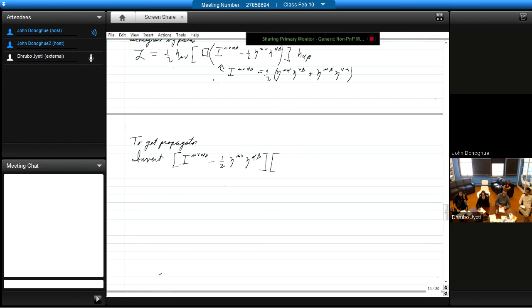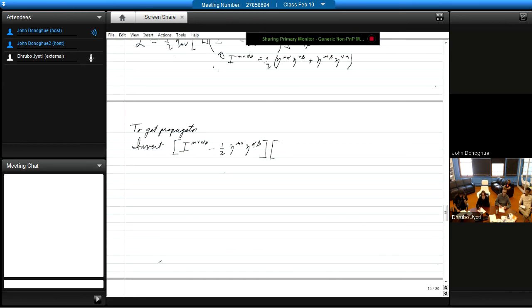Let me try to find the inverse of these tensor structures. I'm going to take another tensor here, I alpha beta gamma delta, and another, eta alpha beta eta gamma delta.